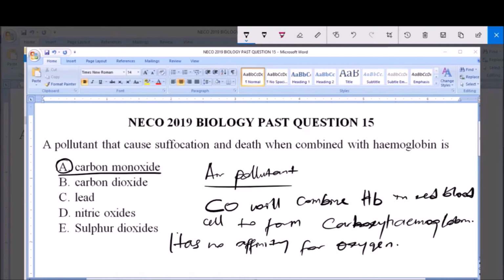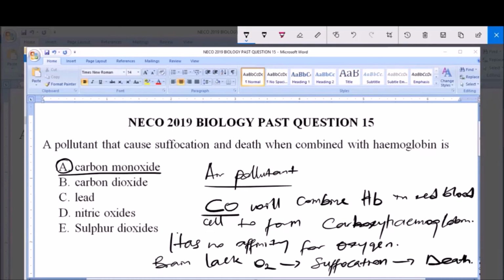Now, when carbon monoxide combines with hemoglobin to form carboxyhemoglobin, its affinity for oxygen is decreased, and as blood goes to the brain, there's lack of oxygen, so the brain suffers suffocation, and when this persists after a long period of time, it will lead to death. So the answer to this question is carbon monoxide. Carbon monoxide is a very, very poisonous gas.